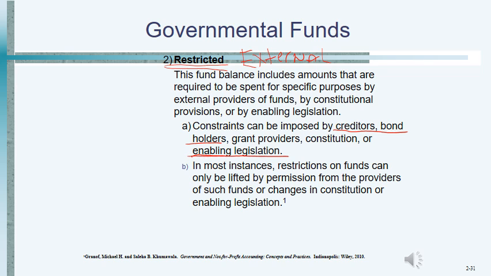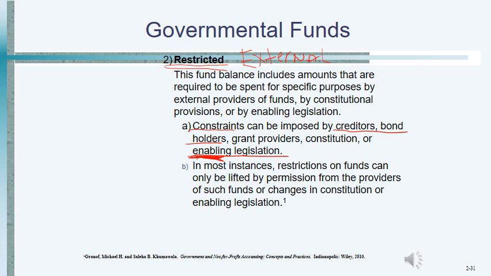So what happens? They pass the law, and the law that allows them to even raise that money tells them how to use that money. We're looking at as similar to an external constraint, and we will go ahead and classify those funds as being restricted in our fund balance. Okay, so if enabling legislation, the same law that allowed them to take that money also directs them how to use it, then we consider that money to be restricted.